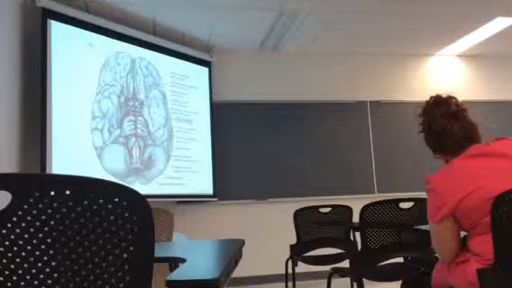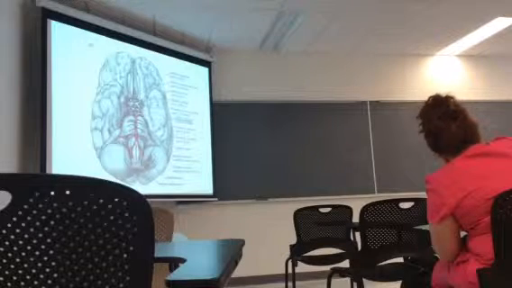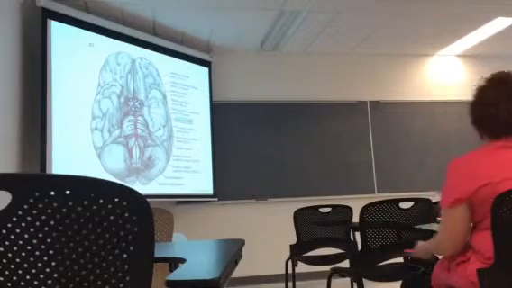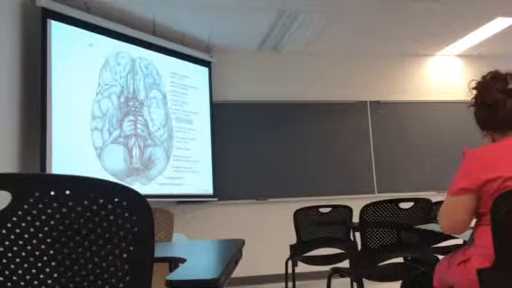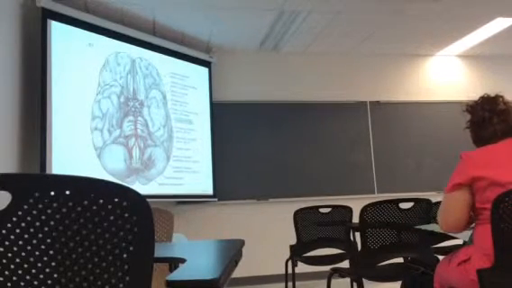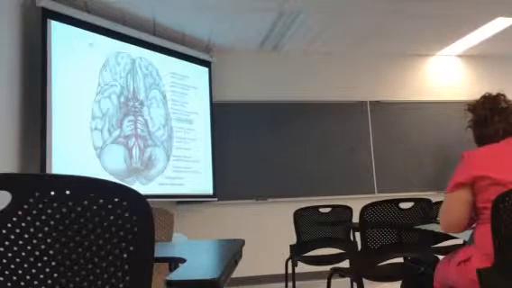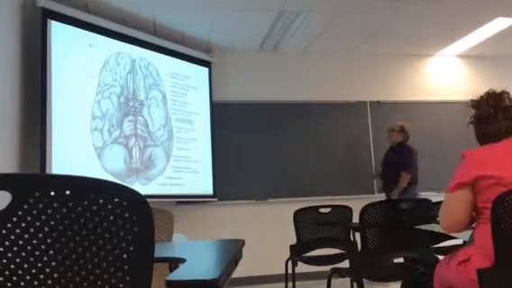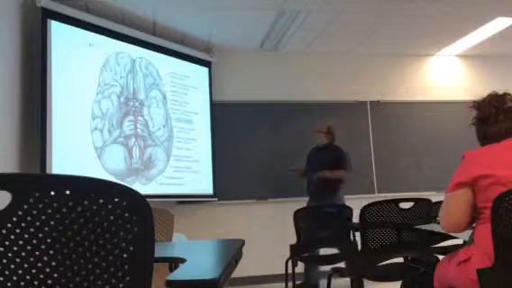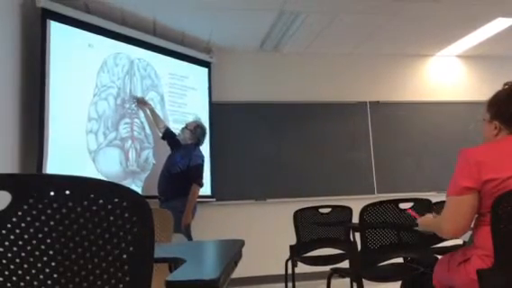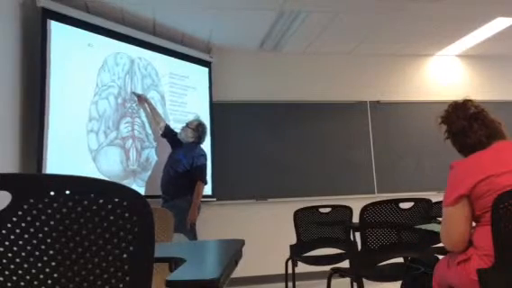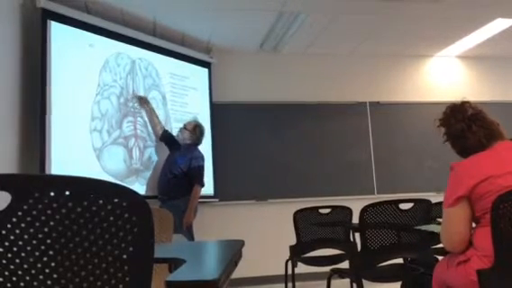What you should be able to do by next class is draw this out. Okay? It is much to your advantage to be able to do that. So, we can see here the anterior cerebral arteries. Here's one, here's the other one.